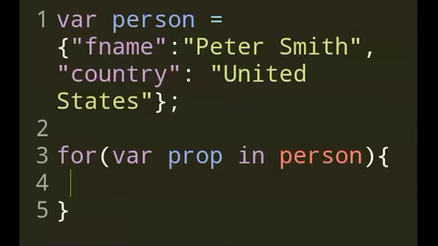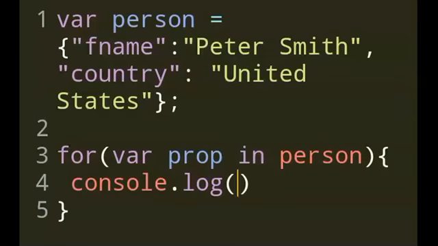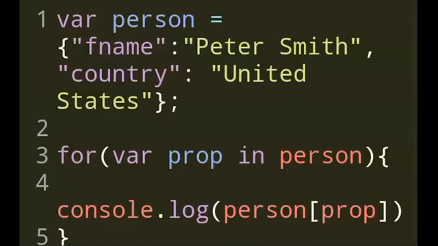And then you can do document.write or console log. I prefer console log just to check the result of the looping. Console log. Okay, now how do you arrive at the property of the object? The object is person, and then remember the bracket notation, the square bracket notation, property, because here you are calling it prop, right?